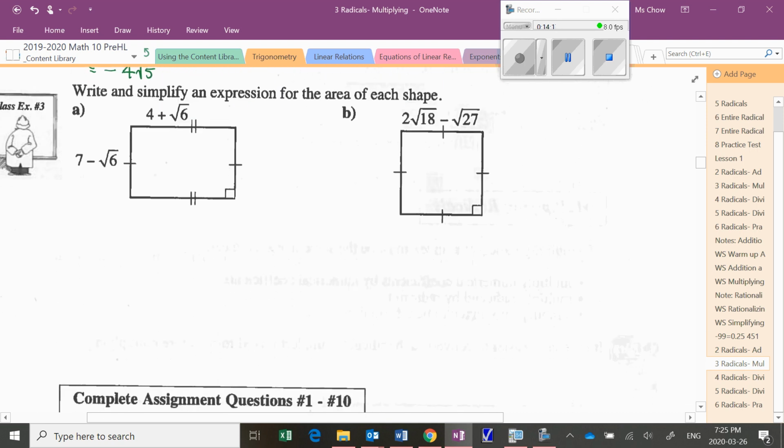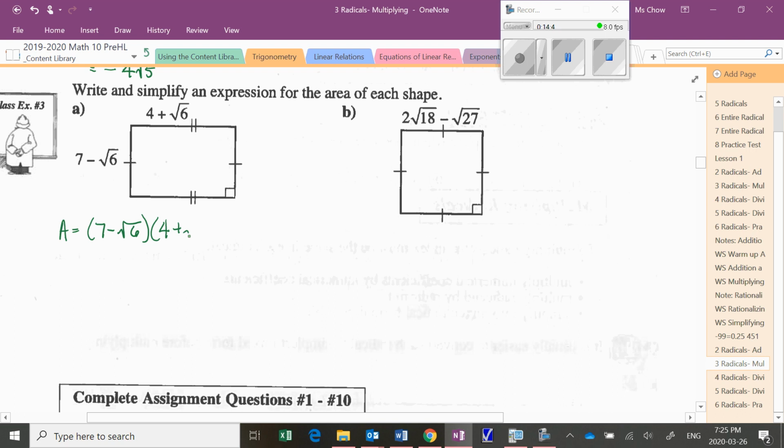Okay, if we take a look at class example number 3, then write and simplify an expression for the area of each shape. And so our first one is a rectangle, so of course area is simply equal to length times width, so area is equal to 7 minus root 6 multiplied by 4 plus root 6.